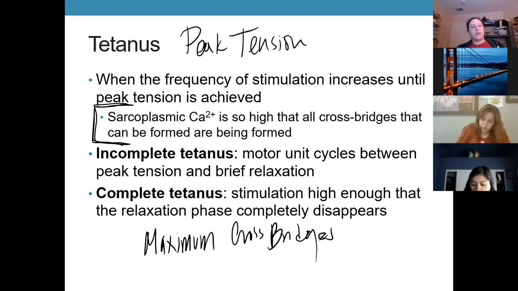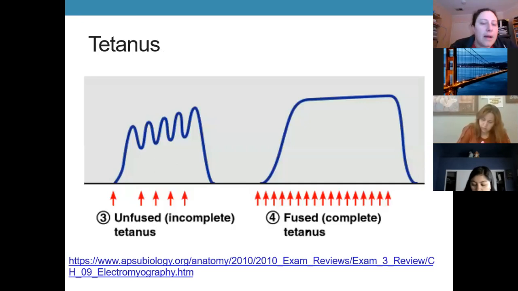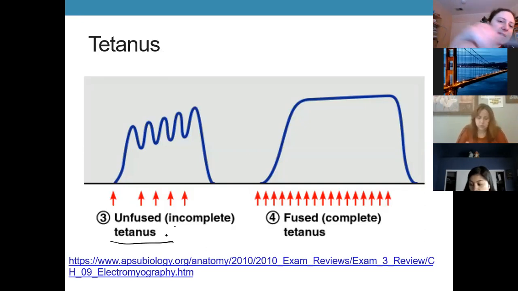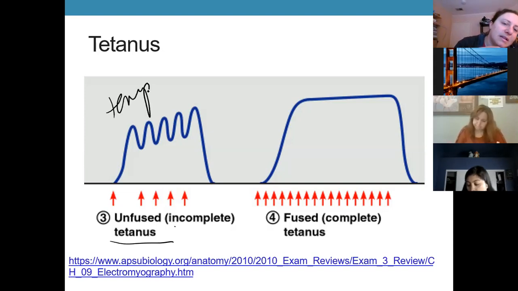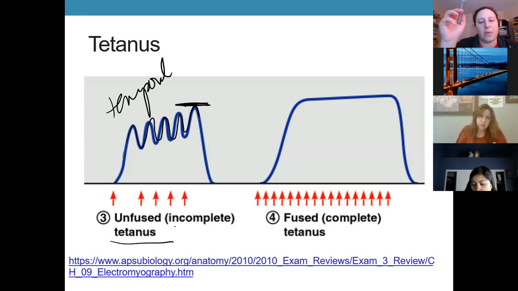And there are 2 ways to do it, of course. This is one of those examples of things that happen in a lab, and I can't give you an example that's happening in the body because it doesn't really happen this way and it's nothing that we can actually perceive. But unfused tetanus is basically temporal summation to maximum force, because this is temporal or wave summation right here, and it's going until we actually get to the maximum tension.